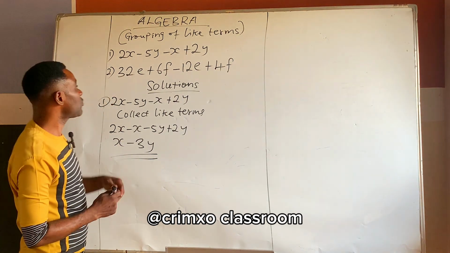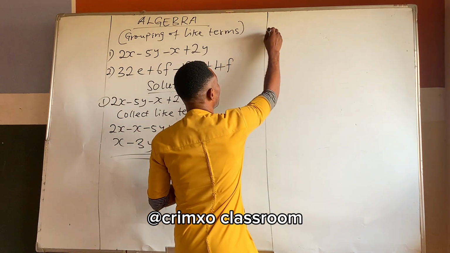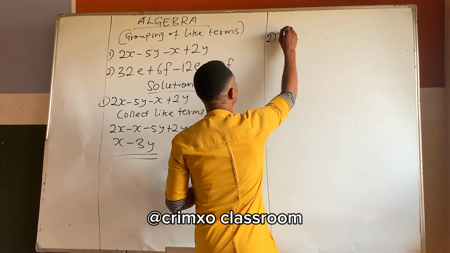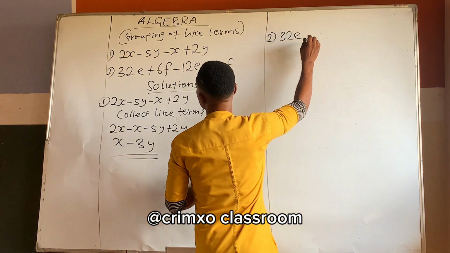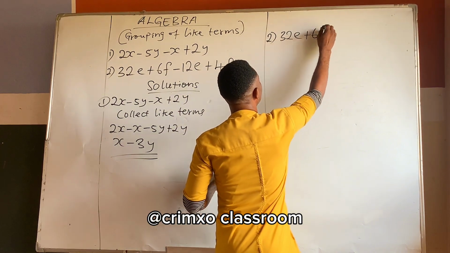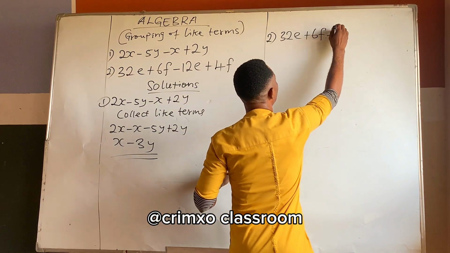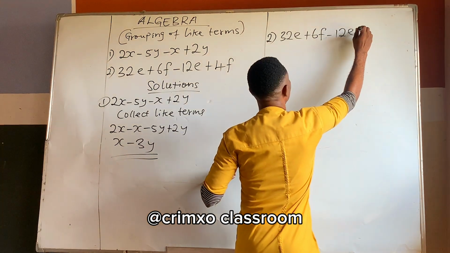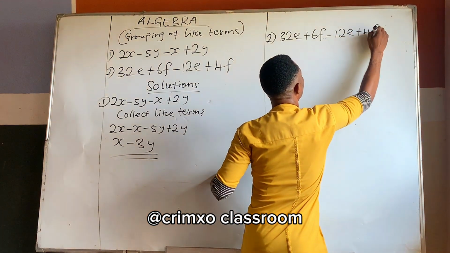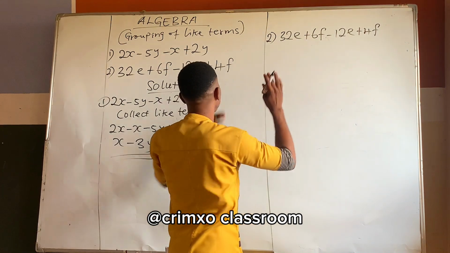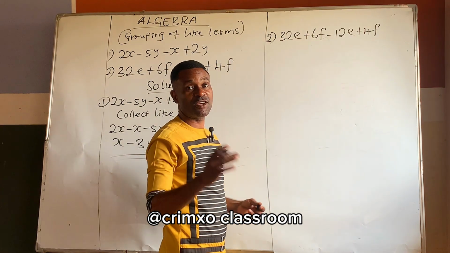So we are going to solve number 2 question. Number 2 said 32e plus 6f minus 12e and plus 4f. So the same here, we collect like terms.